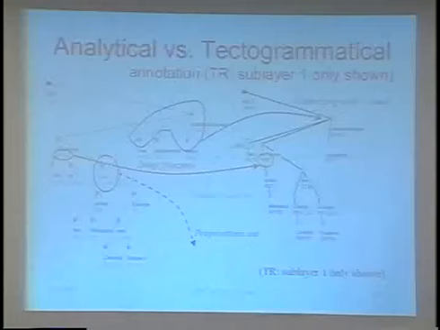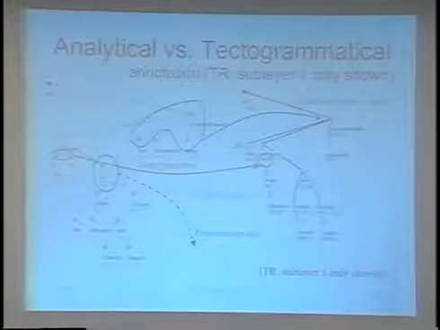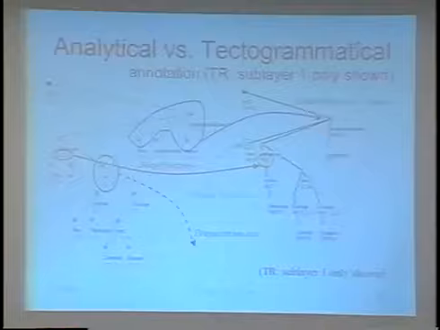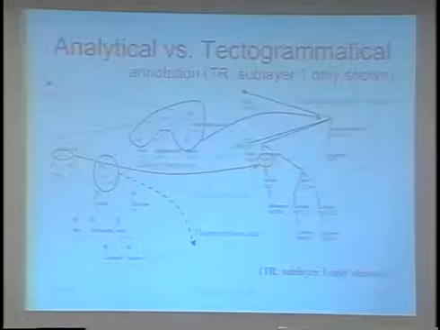On the other hand, there are some nodes that are being added. And most of these additions are driven by the notion of valency. And I will show what I mean by valency in a second. For now, let's say intuitively that most verbs have to have an actor. There are a few verbs that don't, but most verbs have to have something that actually does the action.